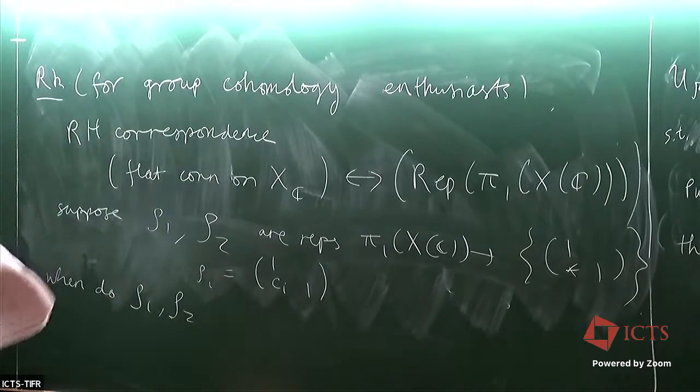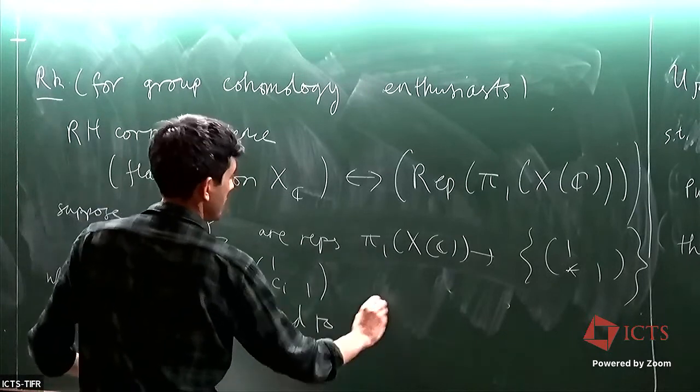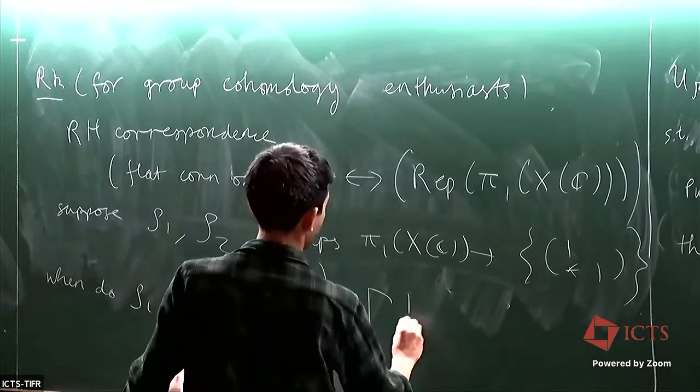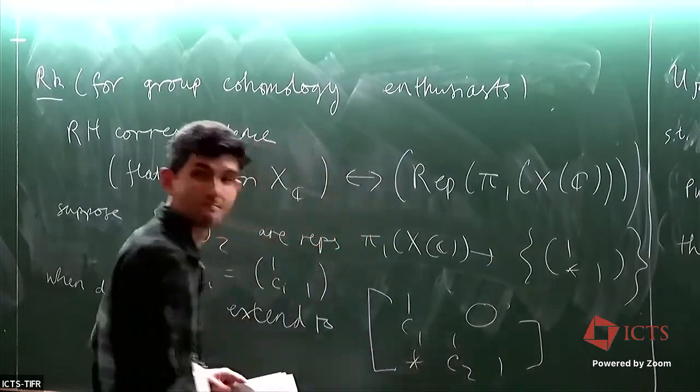So when can you form some iterated extension to 1, c1, c2, 1, 0, star, for some star?